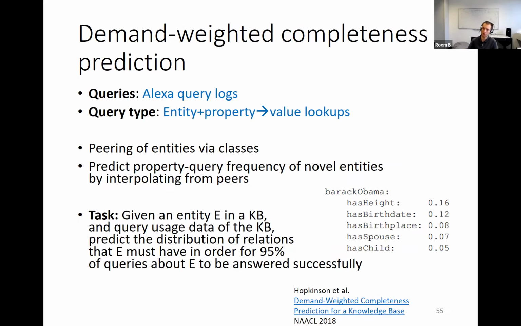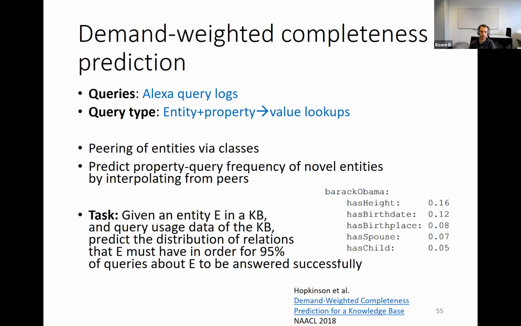So one work by Hopkins et al. from 2018. This was work done inside Amazon. So they had access to the great resource of Alexa query logs. They looked in particular at entity property queries, value lookups. So give me the height of Barack Obama, or give me the birth date of Donald Trump, and so on.